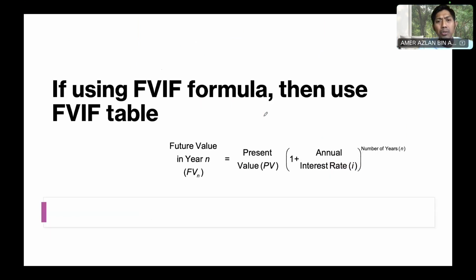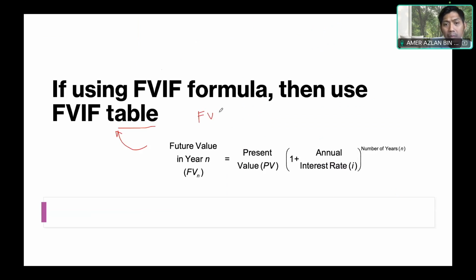If you use the future value formula, then you will have to use the future value table. So in order to find the number of years, we are going to use the time value of money table, which is available on ITEL. So let's use the future value formula.